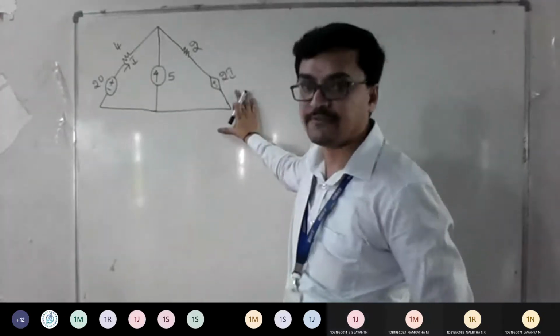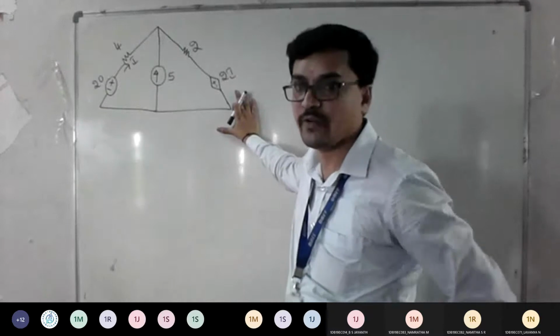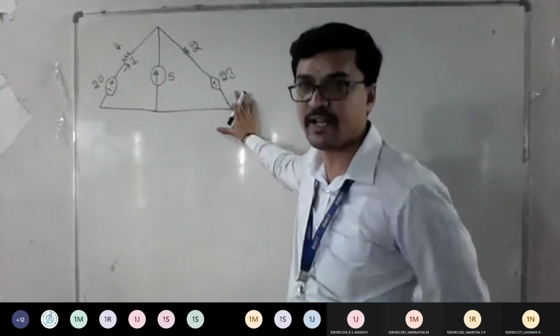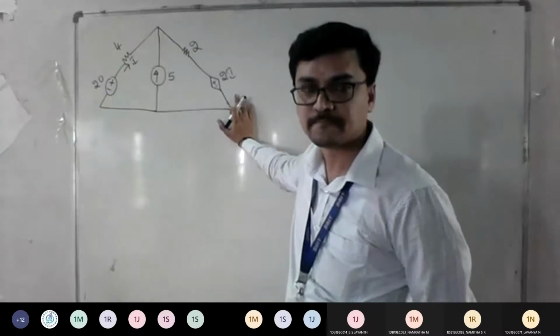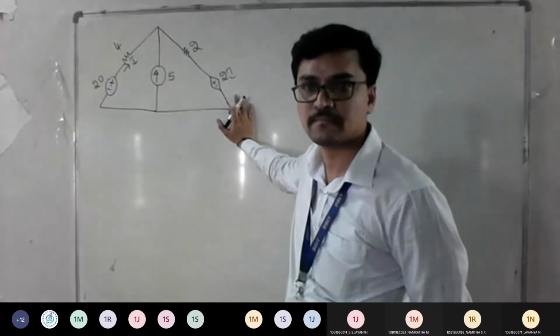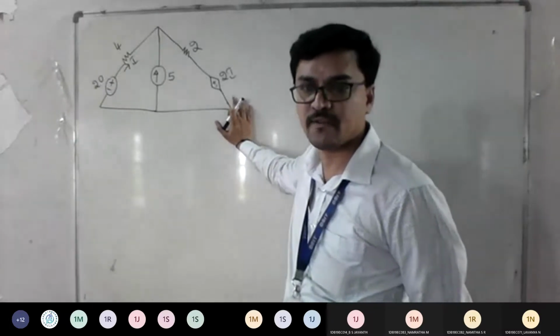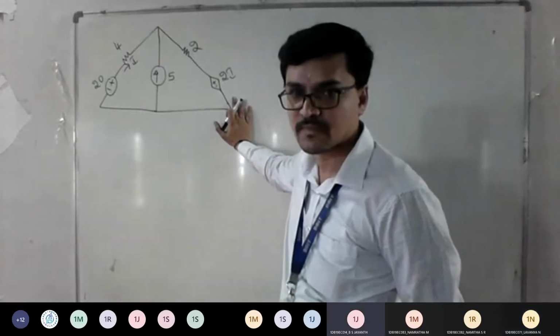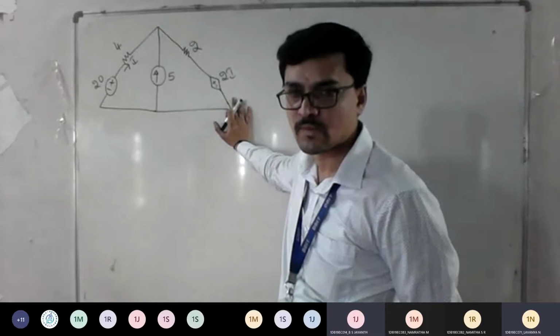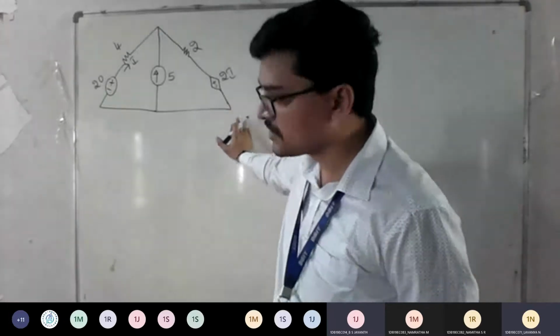So after finding it is dependent, everyone knows there are 4 categories of dependent sources, right? So which category does this network belong to? Voltage dependent.